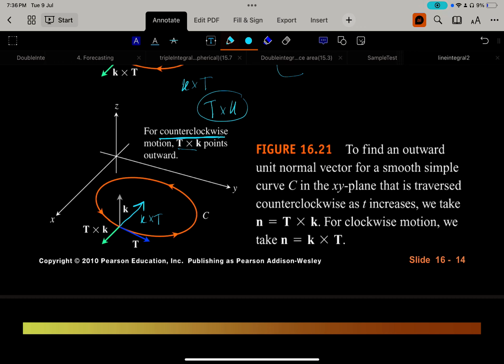Okay, and in order to find an outward unit vector, for the counterclockwise motion we need to take n equals T cross k.